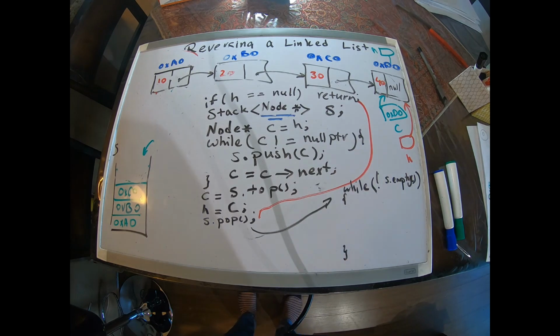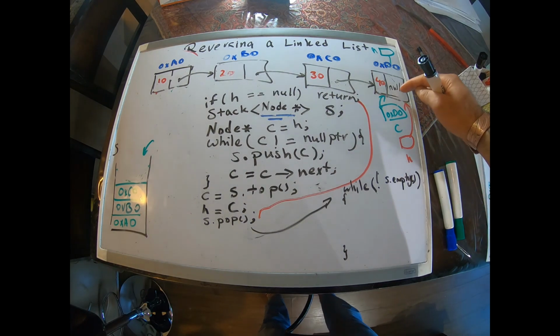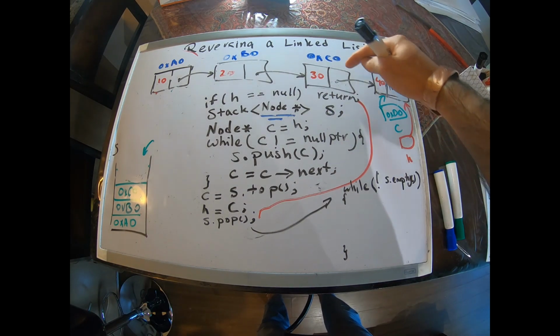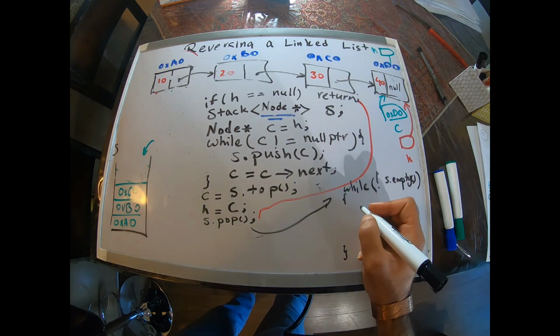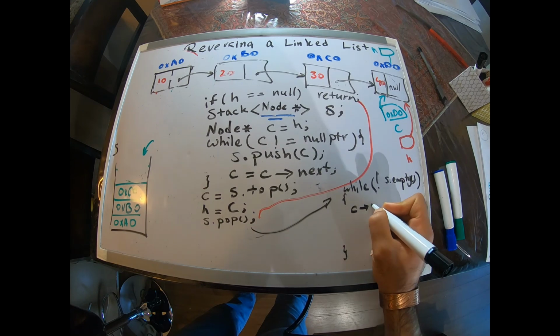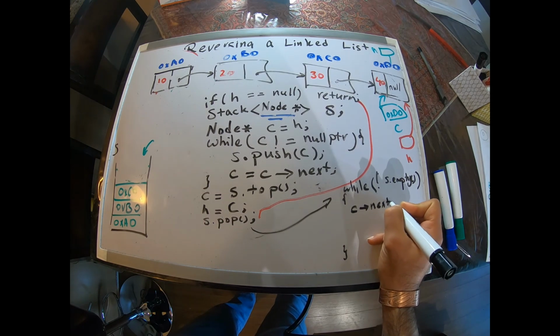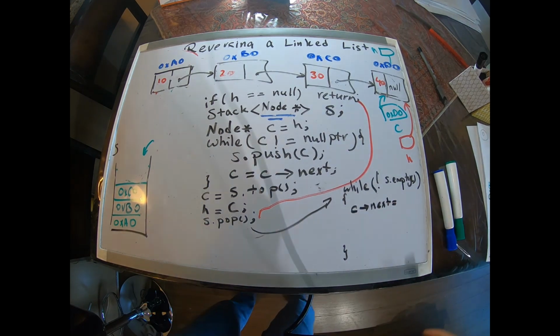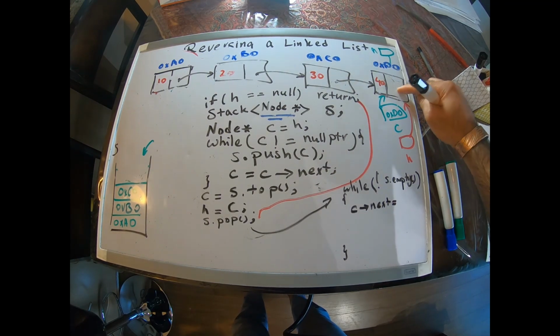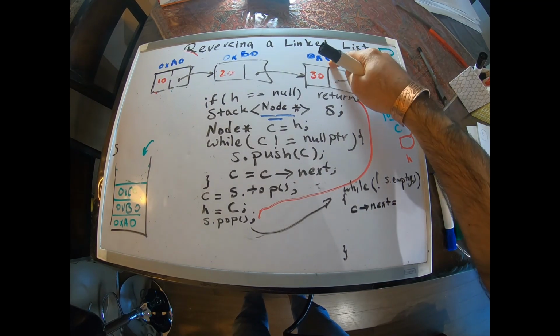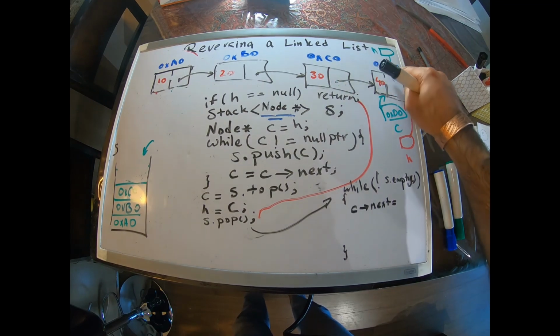Okay, now what do I want to do first? I want to make sure that this is going to be pointing to here. So I'm going to write C arrow next is equal to, I want C arrow next, which is this one, I want to store this address inside here.